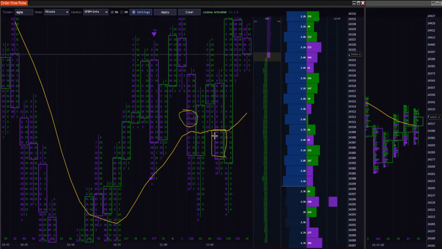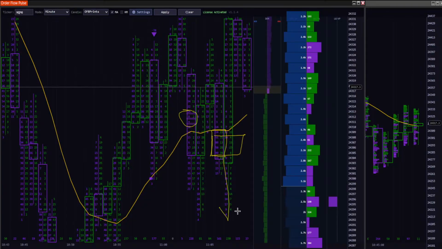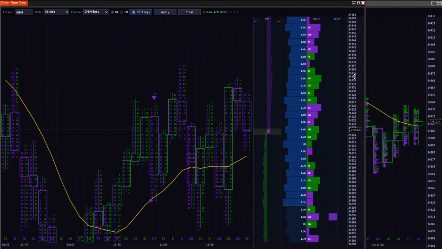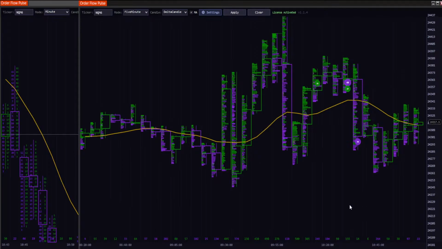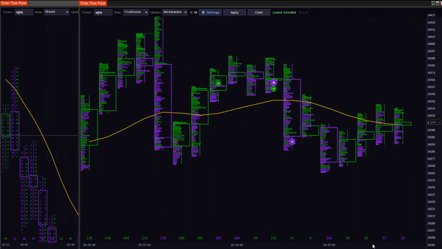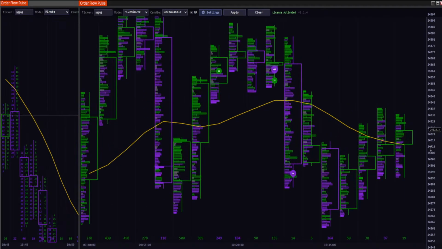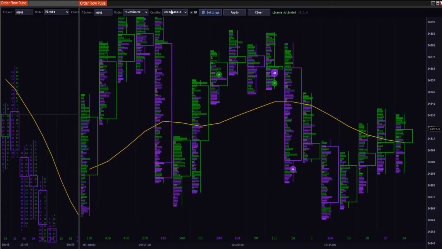All of that area for support for a short to move down. We moved down 10 points and then we shot right back up. And look at the 5 minute. The 5 minute ain't no stinking better. This is a delta chart on a 5 minute. It's no stinking better.